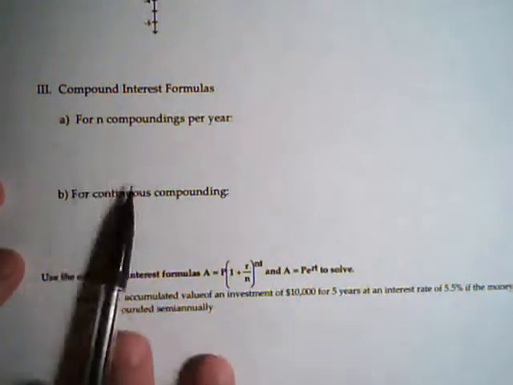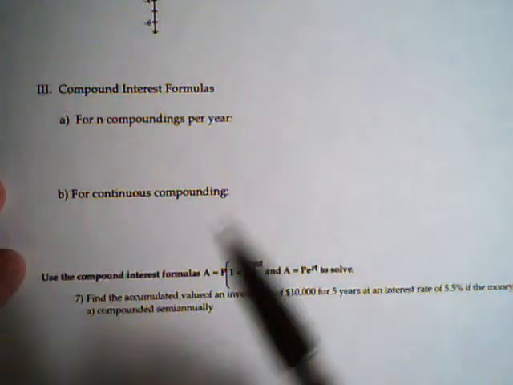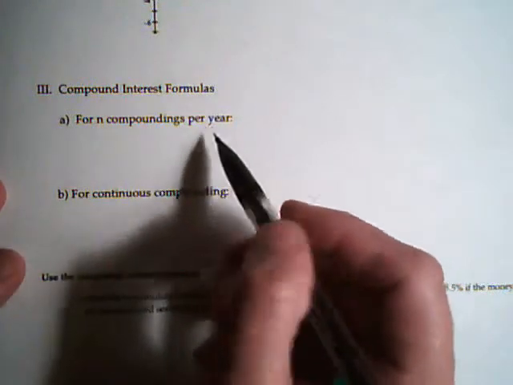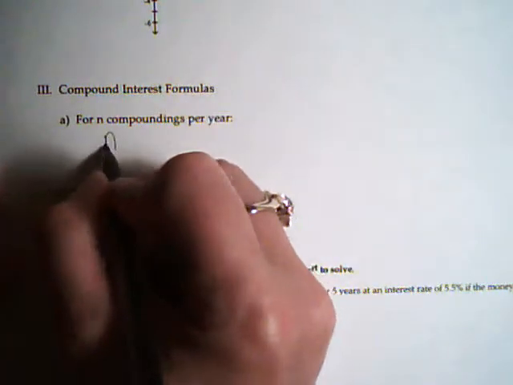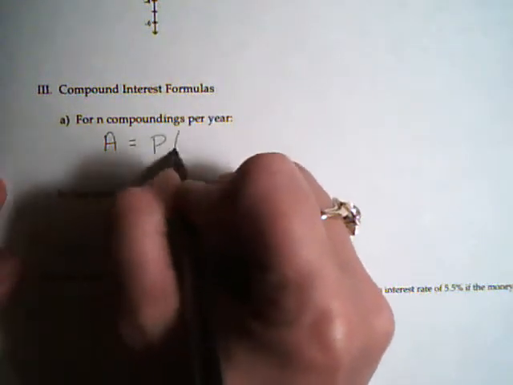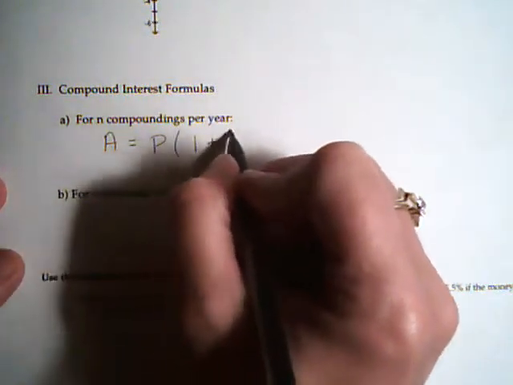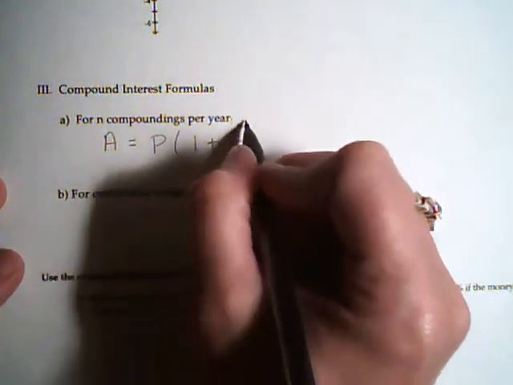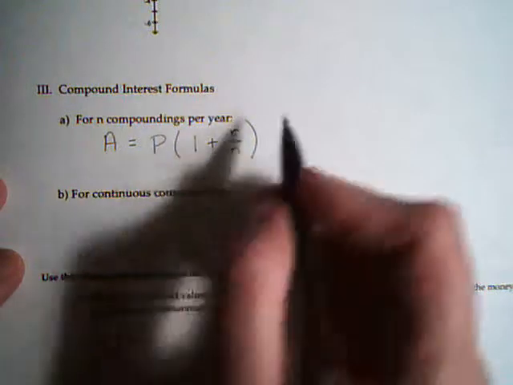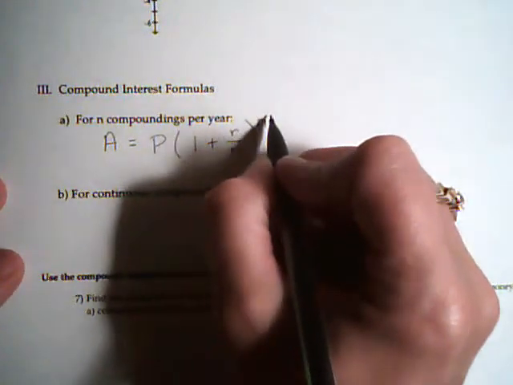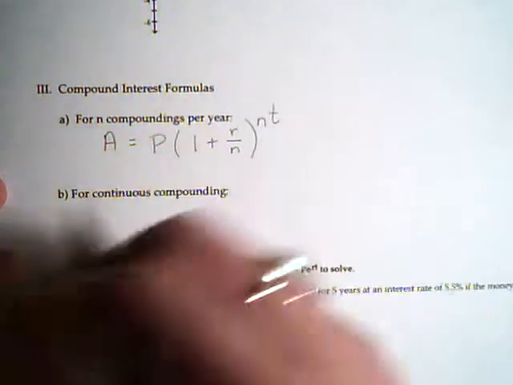There's two different formulas. The first one, for n compoundings per year, is A equals P times (1 plus r over n), and all of this in parentheses raised to the n times t power.